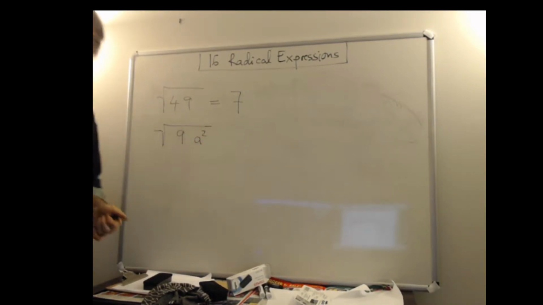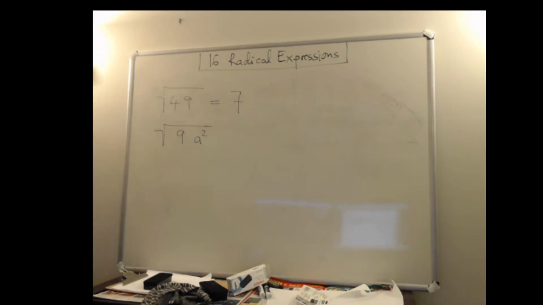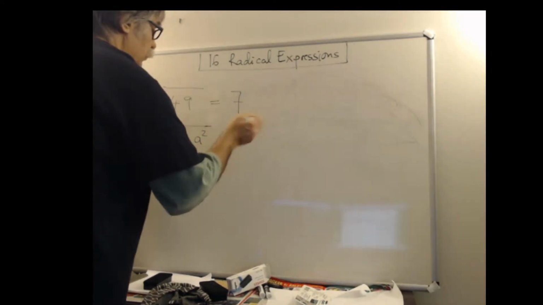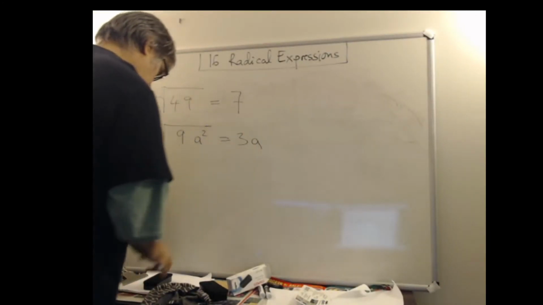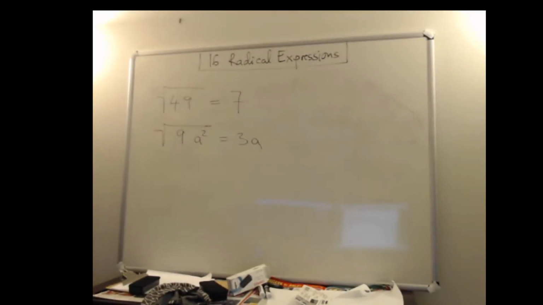Is this a positive number? Of course it is. 9 is a positive number, and the square of any number is a positive number, or maybe a 0, but it's certainly not negative. So this is not negative. So I can work it out. Now, what number I'm going to have to multiply with itself to get 9a squared? The result must be 3a. So when you multiply 3a times 3a, you're going to get 9a squared.